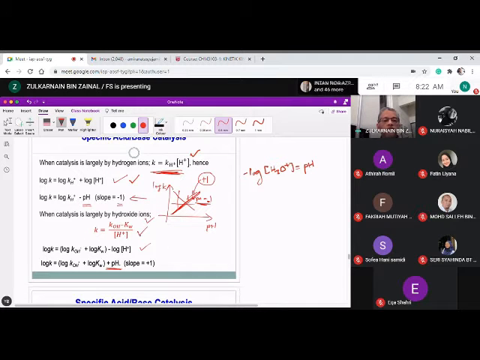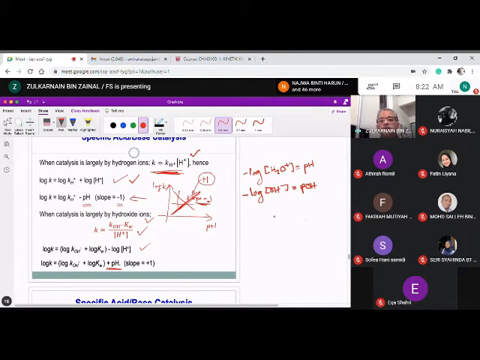So what happens if it is not H plus, which is the main catalyst in the reaction, but OH? So we've got another different equation, as you can see from here. We also have what we call pOH, but pOH is negative log OH. But we do not normally use pOH.